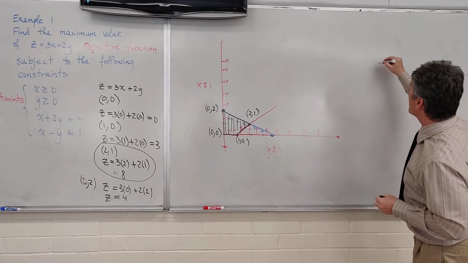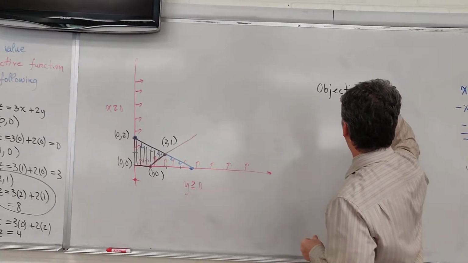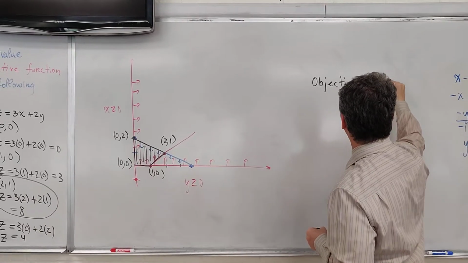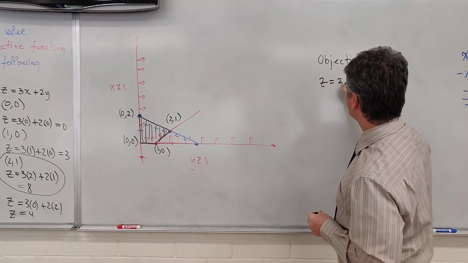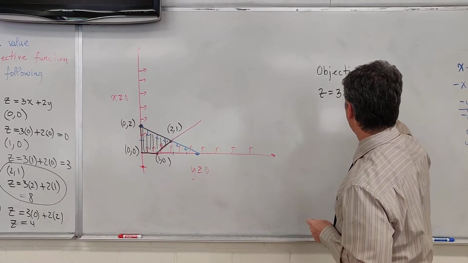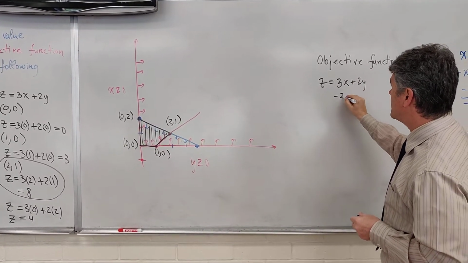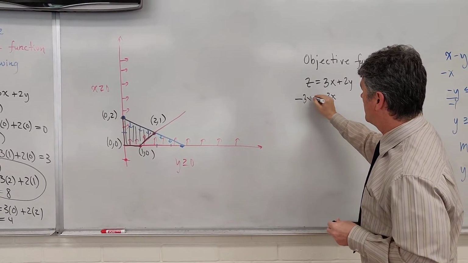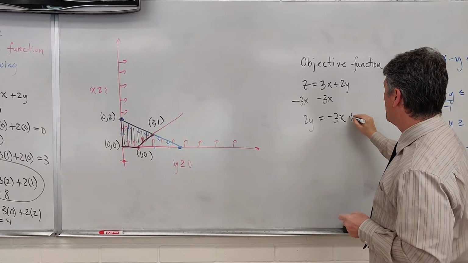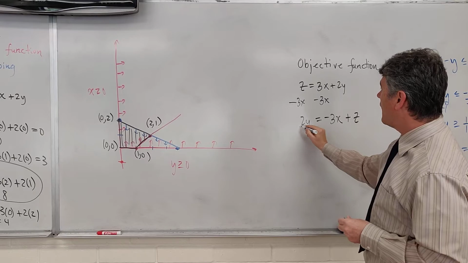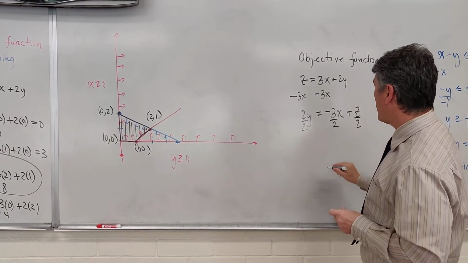But let's take our objective function. The objective function is Z is equal to 3x plus 2y. Imagine that we subtract 3x from both sides. So you have 2y is equal to negative 3x plus z, and then divide everything by 2.